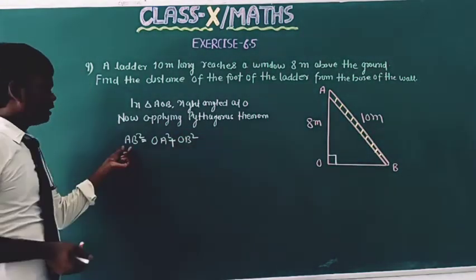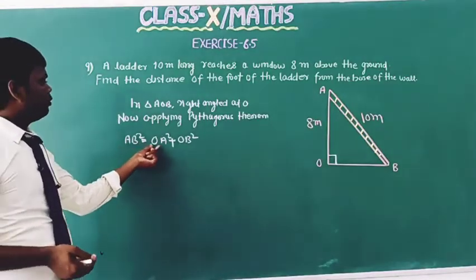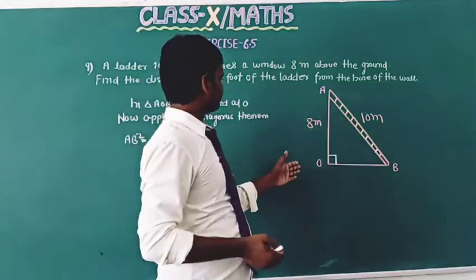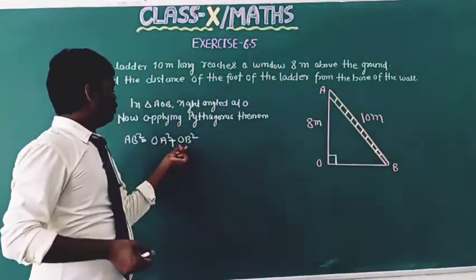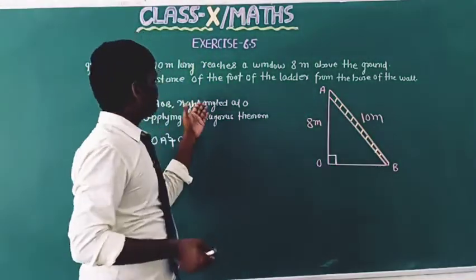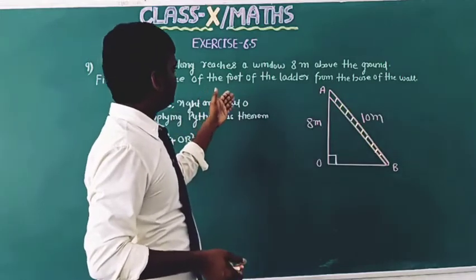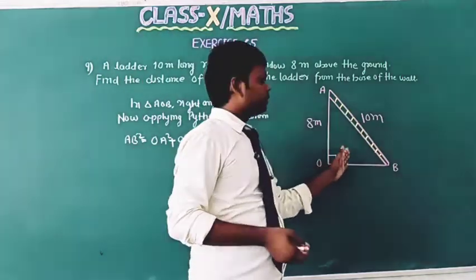Here AB is the length of the ladder, OA is the wall, and OB is the distance of the foot of the ladder from the base of the wall.